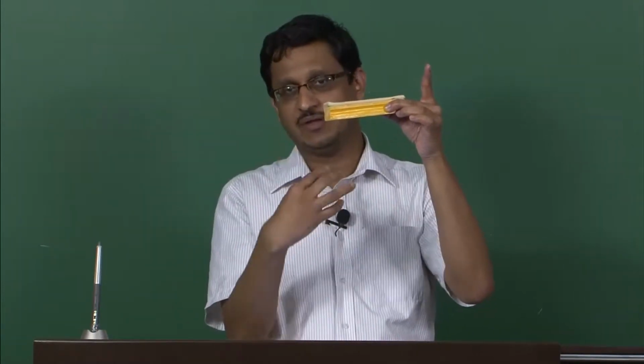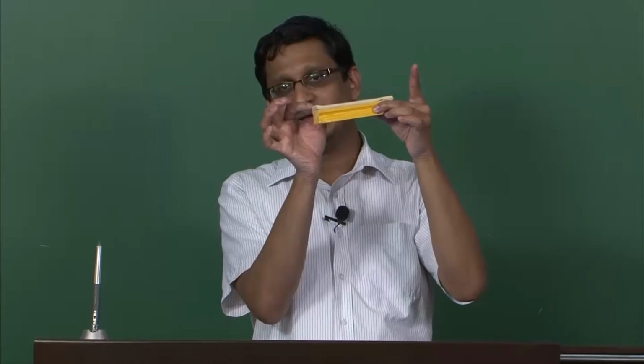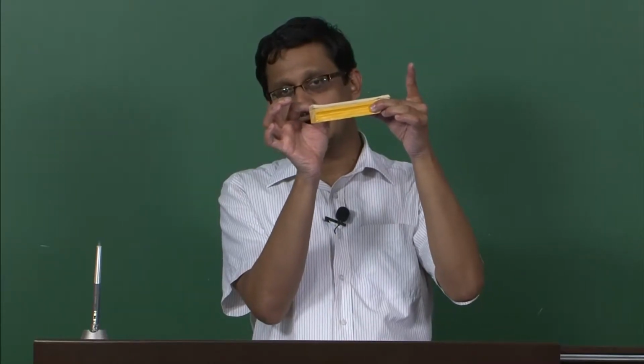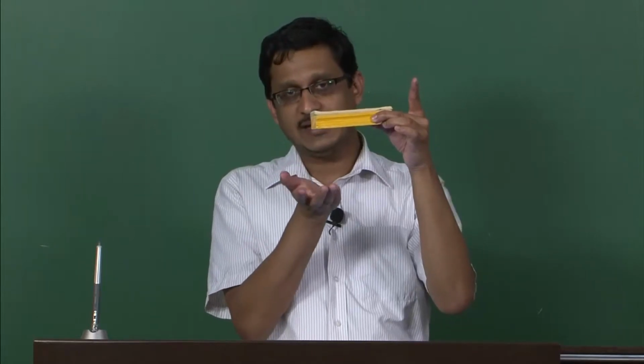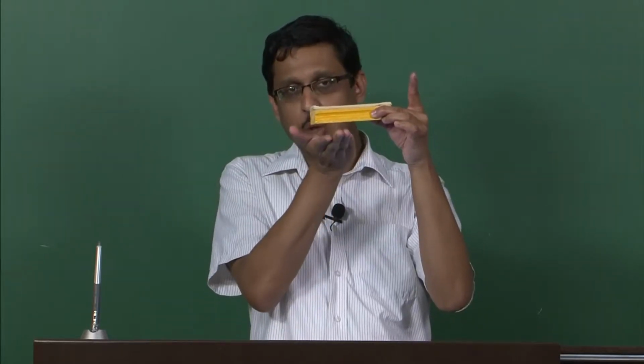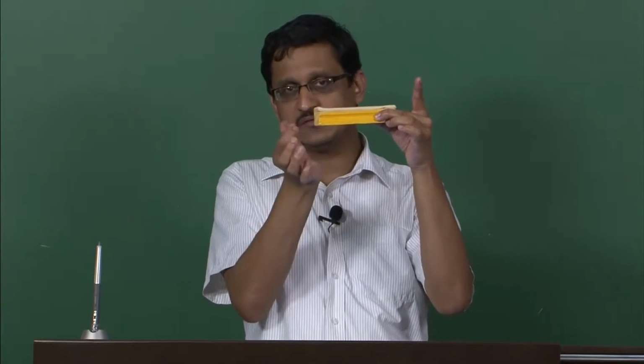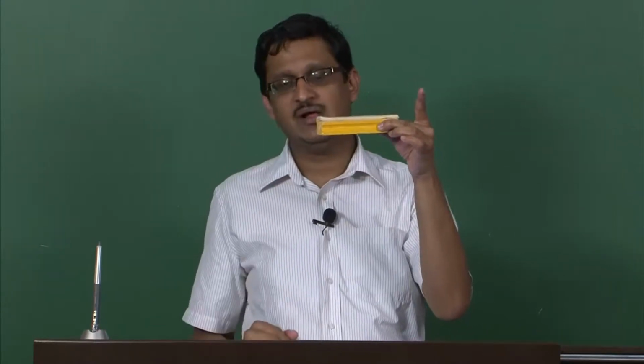Most of the current, or the effective current, lies only in this small patch of thickness delta. So the phenomenon in which the current starts to flow very close to the surface, just below the surface and over a thickness of delta, is called skin effect, and this is an important effect in high frequency systems.